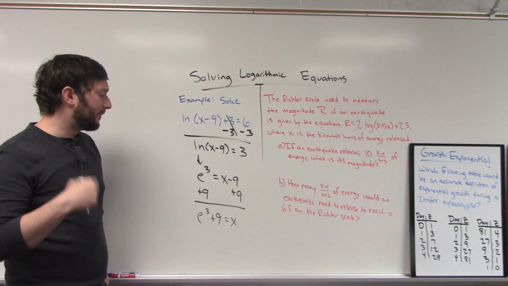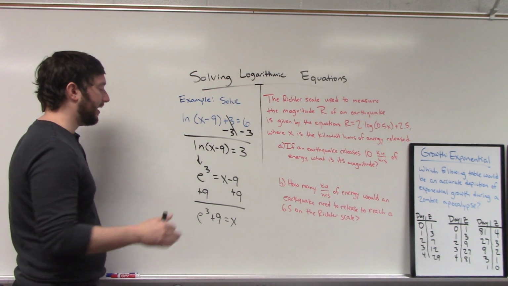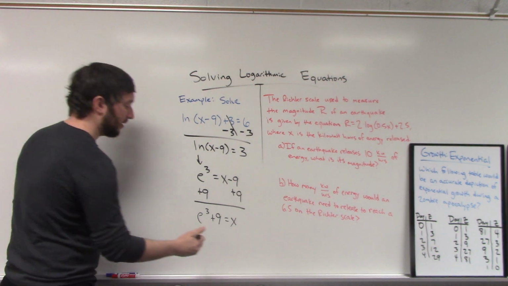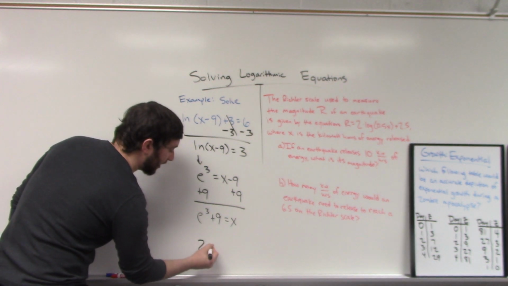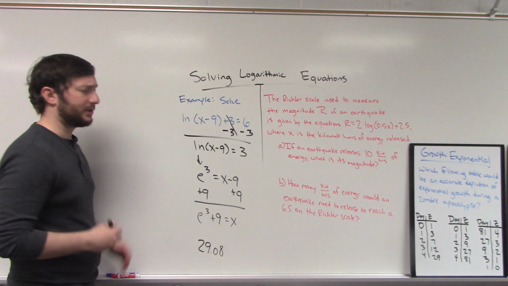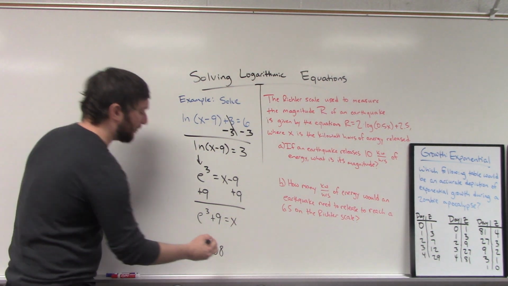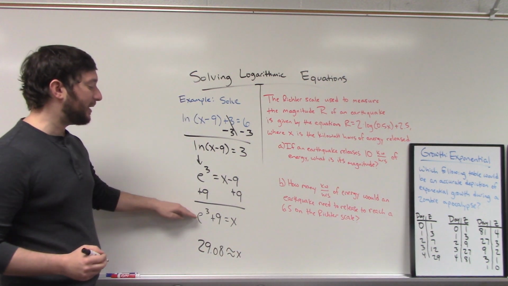Now, if I was to approximate this, and I'd have to go back and look, but if you were going to simplify it in a calculator, I think it's something like 29.08 or so. But this is an approximate answer, right? Whatever this turns out to be, you're going to have to round it.